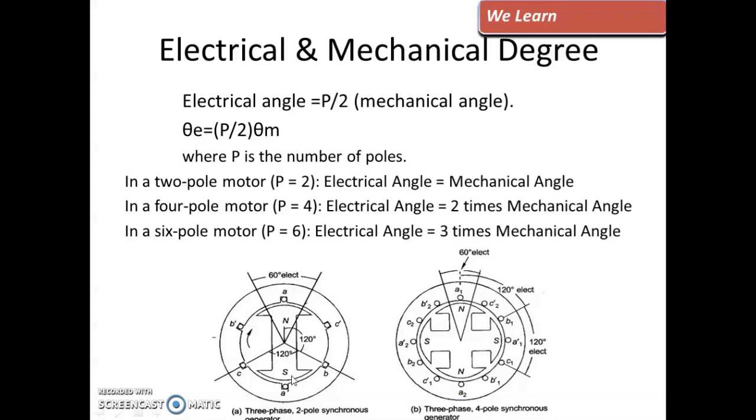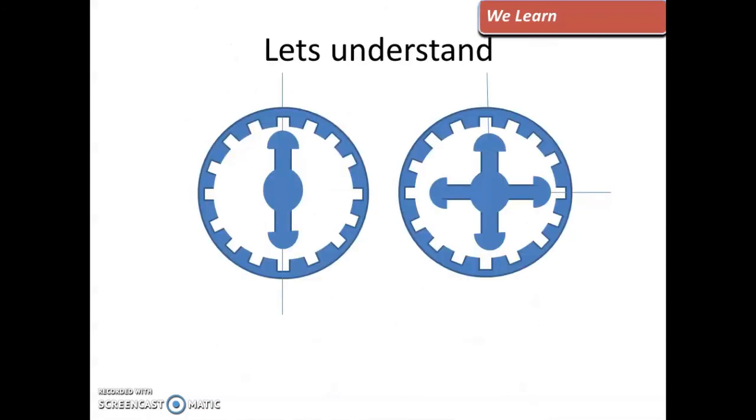We'll just again summarize this with the help of a very small exercise here. In the first diagram, you can see that two poles, north pole and south pole, are 180 degree with each other mechanically and electrically as well. While in this other figure, you will find that this is a four pole machine.